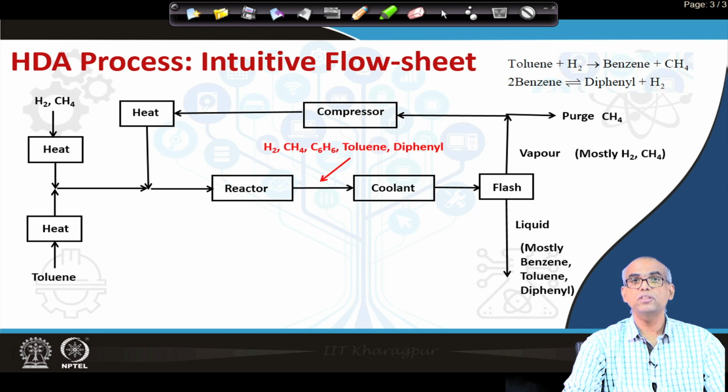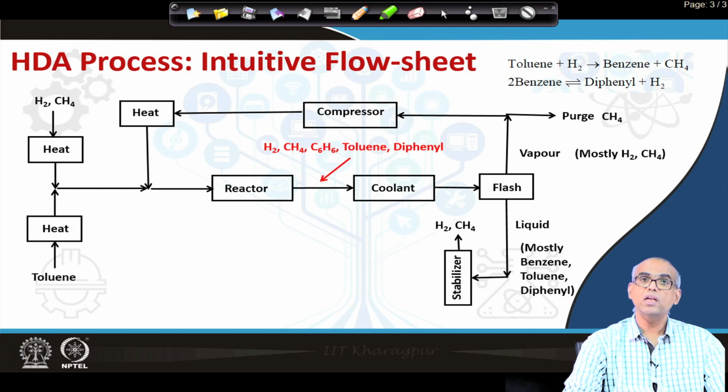Now, let us focus our attention on the liquid stream that comes out of the flash drum. As we discussed, it mostly contains benzene, toluene and diphenyl, but we will also have dissolved light gases, hydrogen and methane. So, this stream is first sent to a distillation column which we call the stabilizer, where hydrogen and methane will come out as a top product.